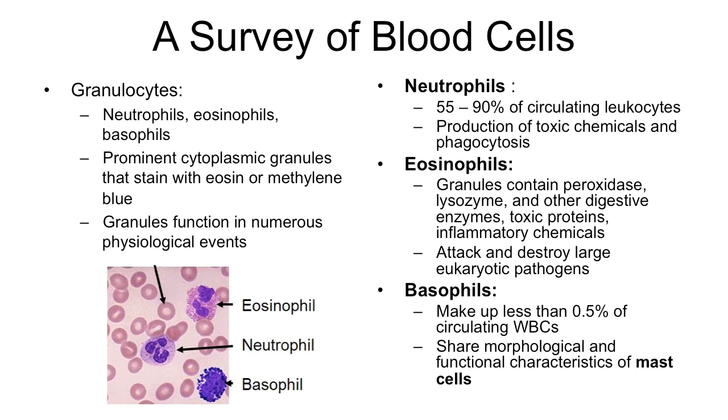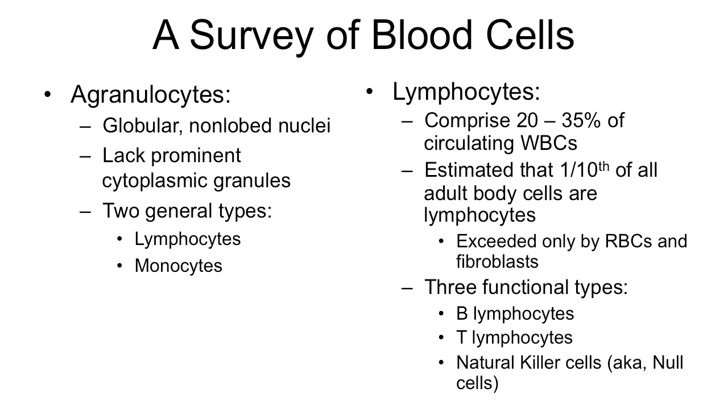So it's one of the things that they're good at doing. Basophils tend to be a minority of the blood, about 0.5% of the white blood cells circulating. And one particular group of basophils called mast cells are very important in destroying worm infections also.